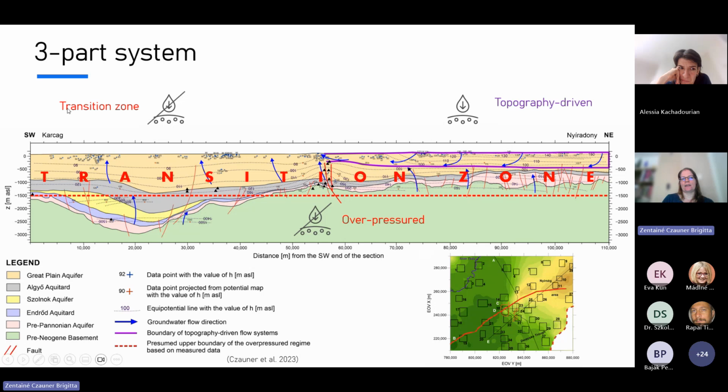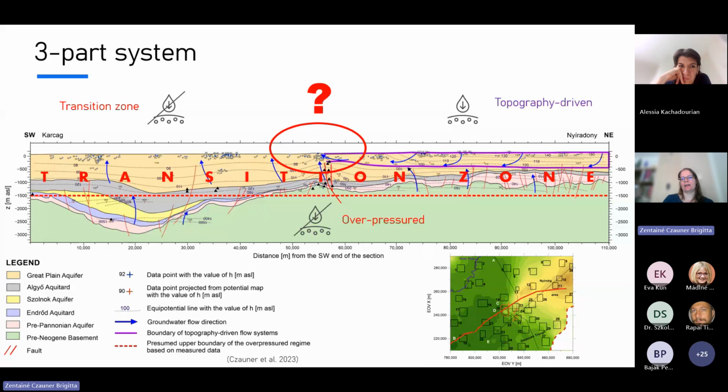And we can say the same about the transition zone. It doesn't have a surface recharge area or any replenishment from other flow systems or from the land surface, while its driving force, as I've mentioned, is coming from the overpressure dissipation. So actually in the transition zone, we can say that the groundwater resources are non-renewable.